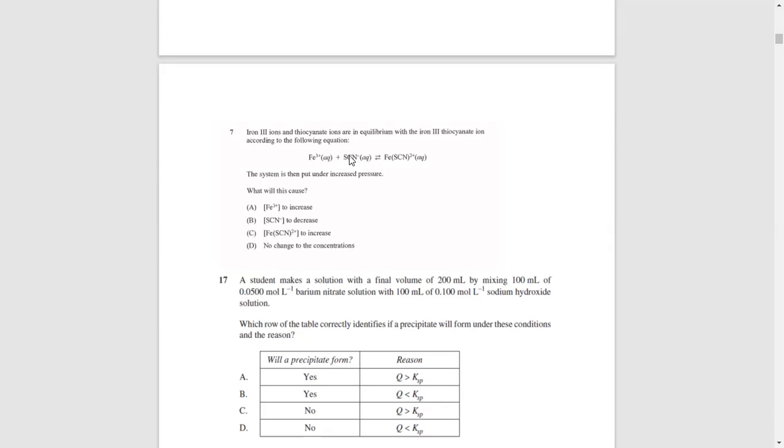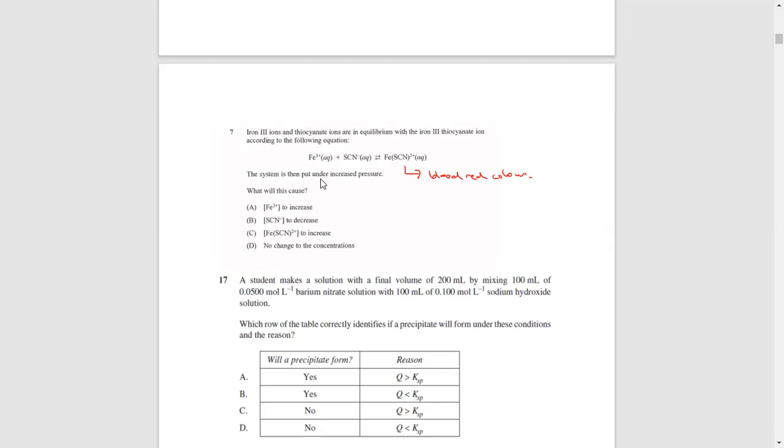If you suspect you have iron 3 in your solution, you can add thiocyanate ions, and as this equation shows, they form this complex ion. And the idea is that this has a blood red color. You don't need to know that for this question, since they've already given the equation, but it is something you should know from your module 8.